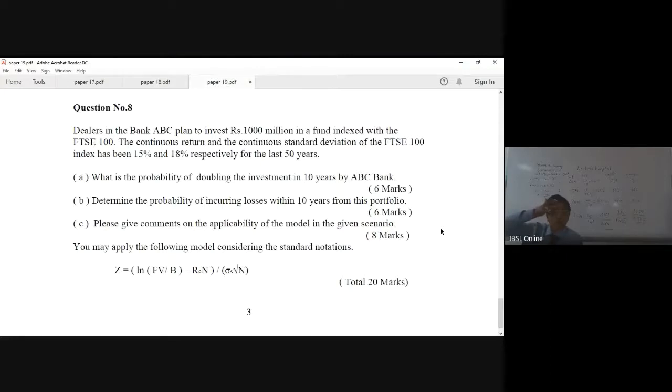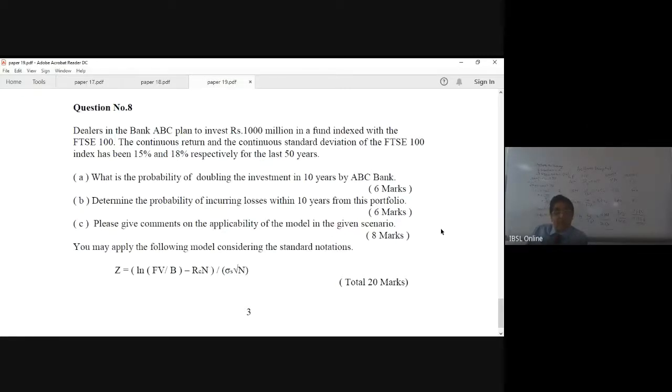So in that period, the continuous return and continuous standard deviation were taken as those values. And then what is the next assumption? These trends will prevail for the next couple of years or next 10 years or so. So that is one assumption.